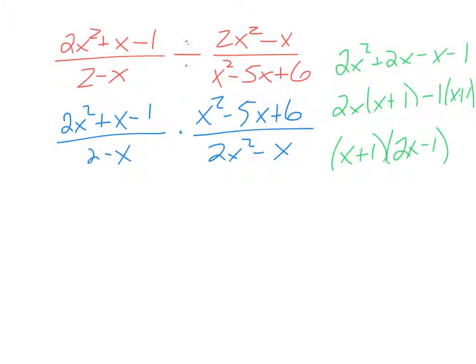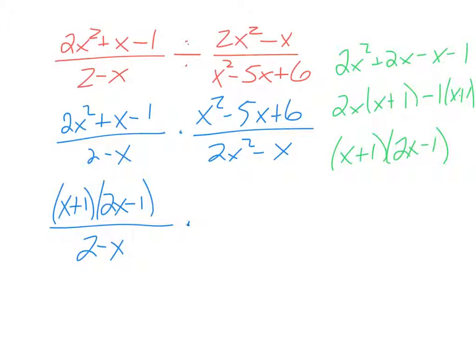All right, so this first one factors into x plus 1, 2x minus 1. 2 minus x, okay. And then what about the next numerator? All right, 1 times 6 is 6. Factors of 6 that add to give you negative 5 are?